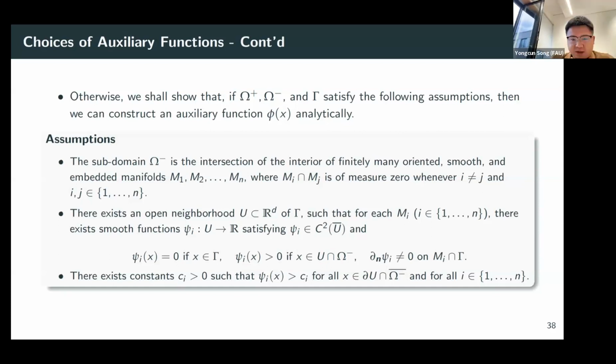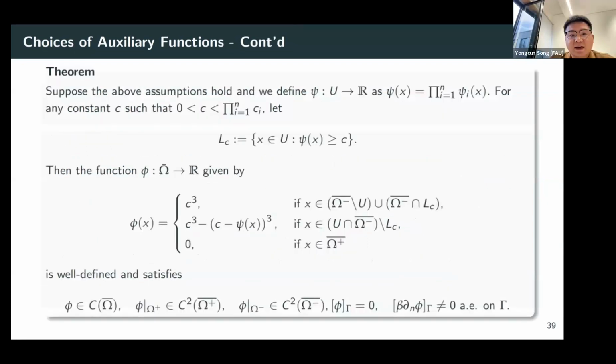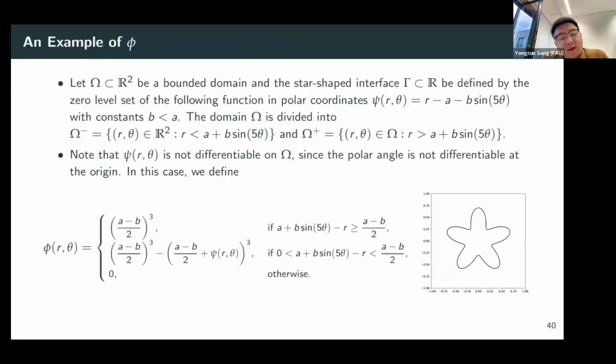If there exist this kind of smooth functions, we can construct the function phi in this way. Then we can prove that it is well defined and satisfies the requirements that we imposed on the function phi. And this is an example to illustrate the theorem.